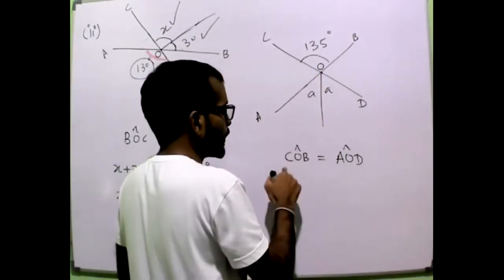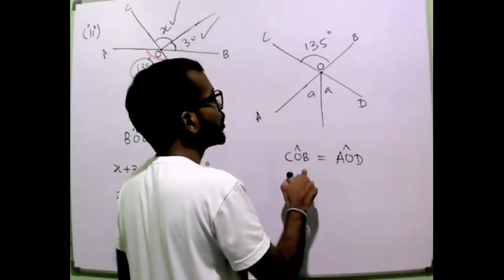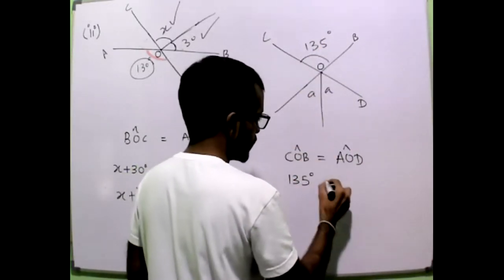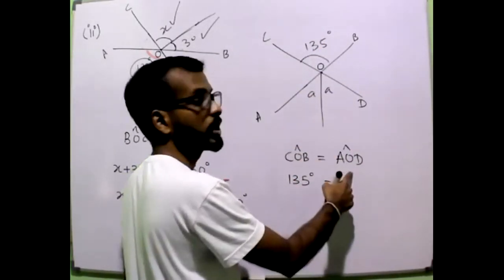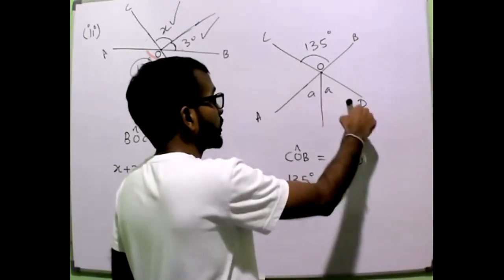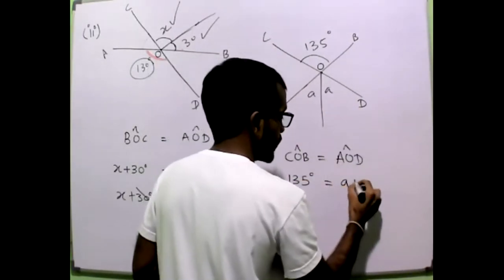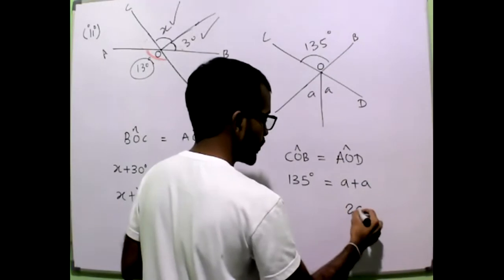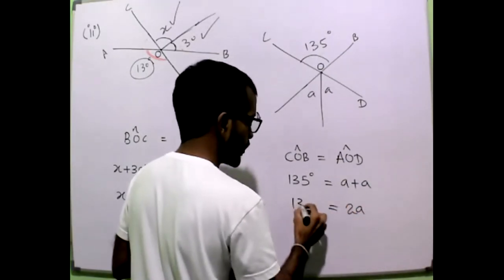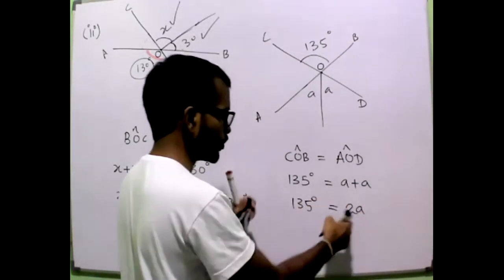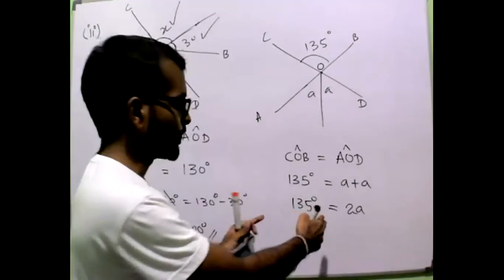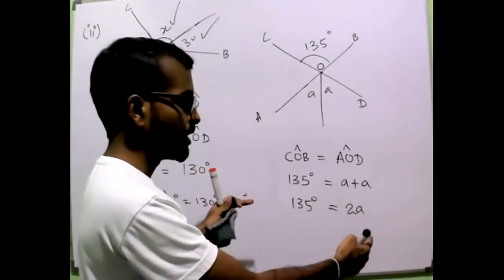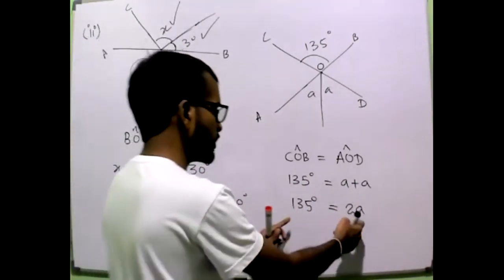So what is the magnitude of COB? 135 equals what is the magnitude of AOD? A plus A. A plus A means 2A. So 135 equals 2A. Now this is the other way around, the left hand side and right hand side have been changed.